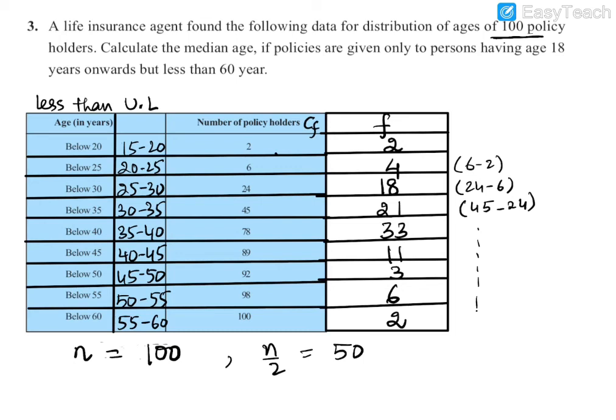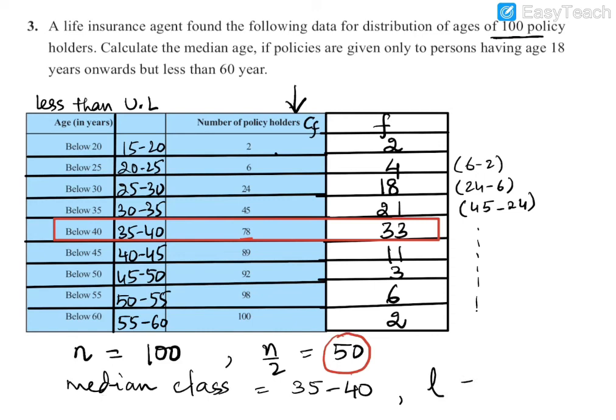So now we can find the median class by looking at the cumulative frequency column. Find the cumulative frequency that is greater than n upon 2, that is 50, and nearest to it. So the cumulative frequency which is greater than 50 and closer to it is 78. So the median class is 35 to 40.